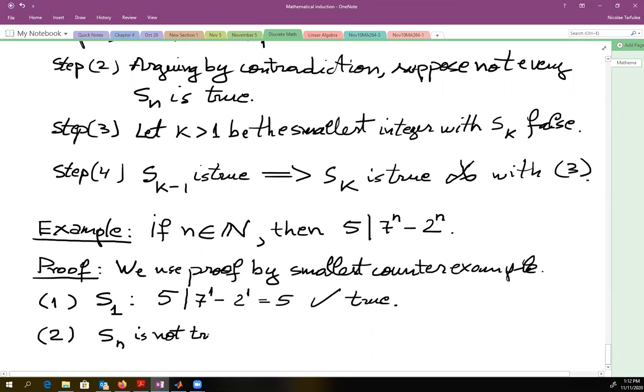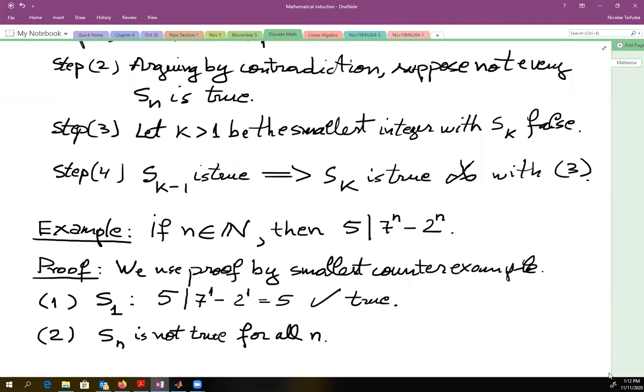So we assume that this is not true for certain values of n, so not true for all n. This is our assumption, which is wrong, but we have to prove it wrong, okay?